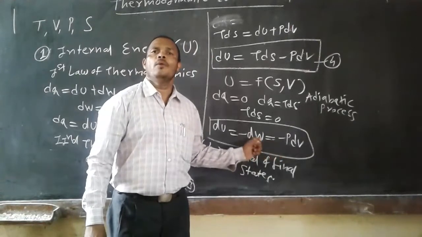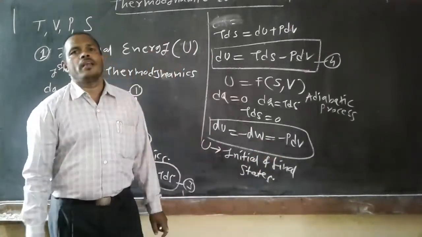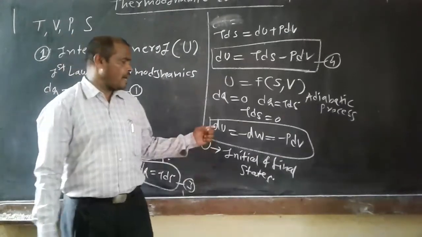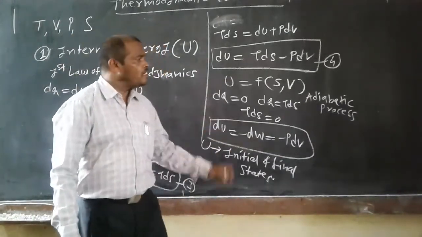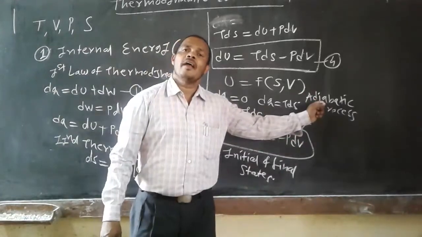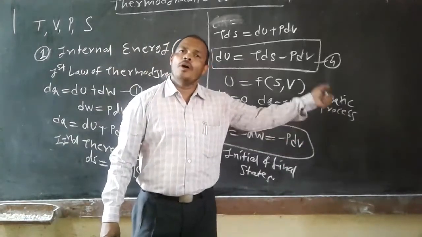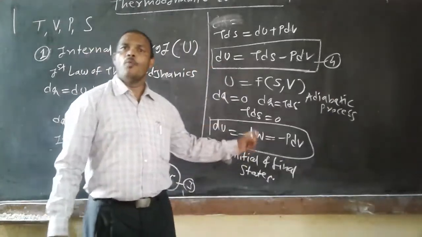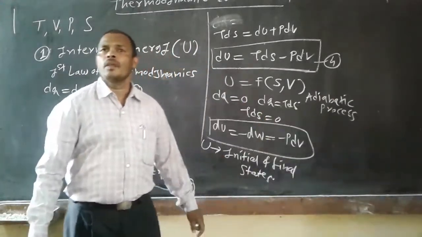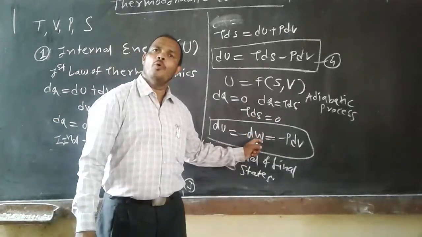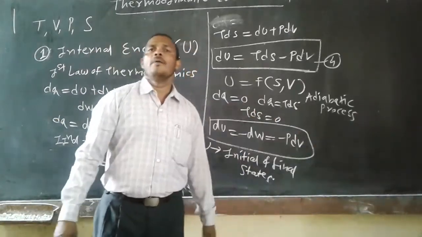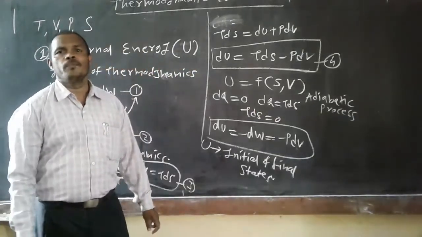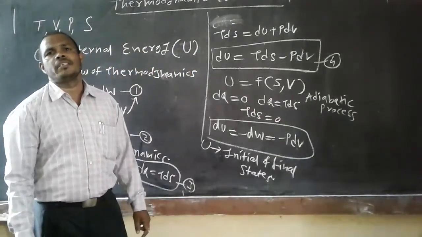So minus dW indicates that work is done on the system, and change in the internal energy when system changes adiabatically from one state to another depends on the work done on the system, that is minus dW equal to minus PdV.